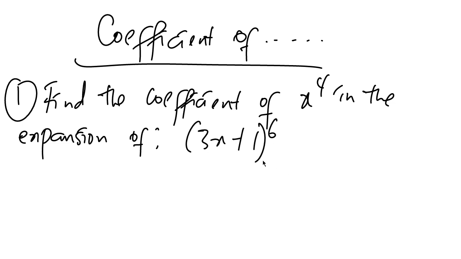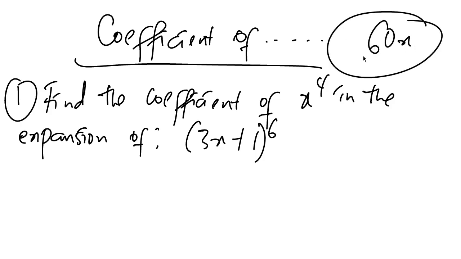If this question comes to you, first of all, you must understand the meaning of coefficient. If you have a term and they ask what's the coefficient of x, it means what are those values around x that have nothing to do with x. For example, if we have 60x and you're asked what's the coefficient of x in 60x, it's 60.